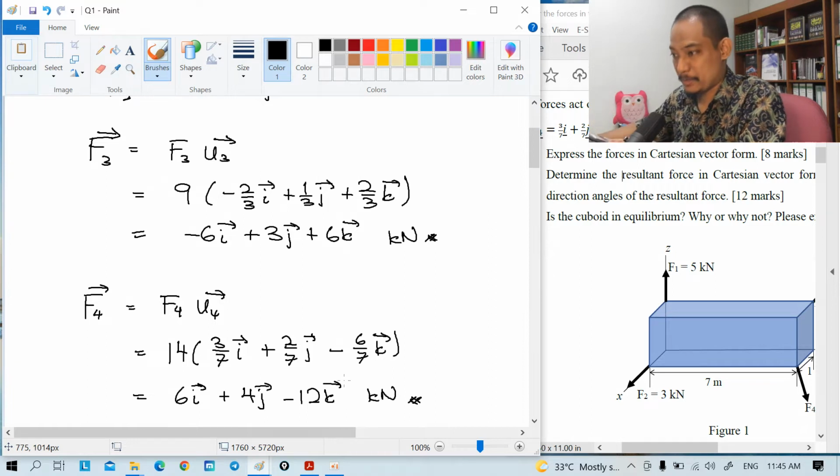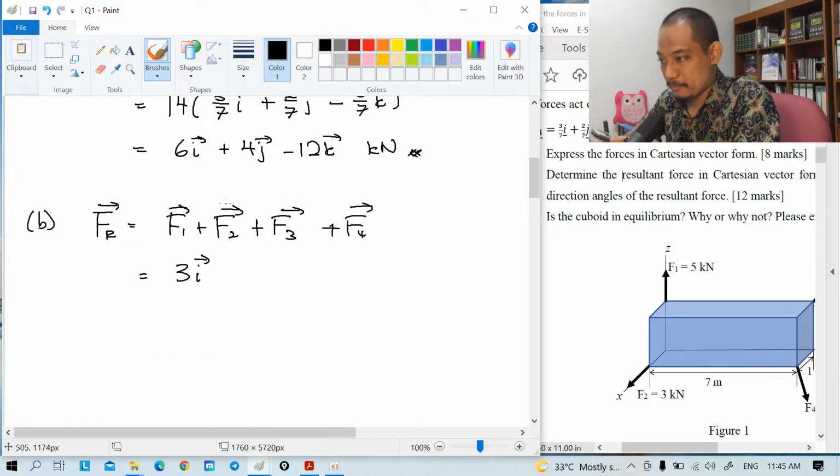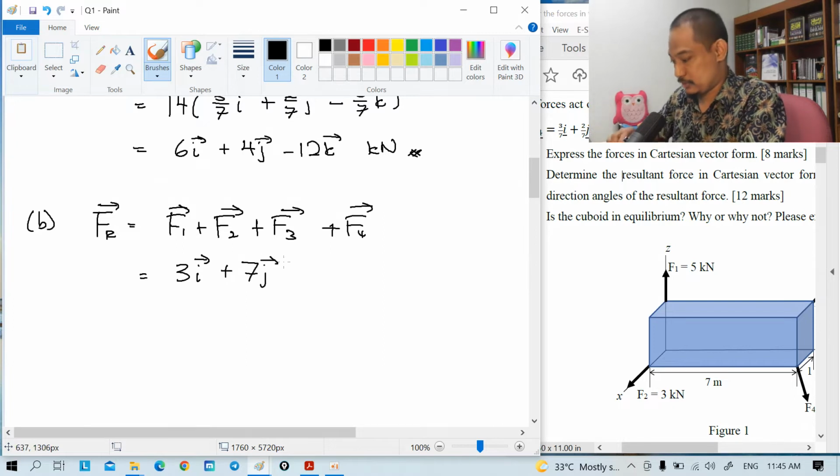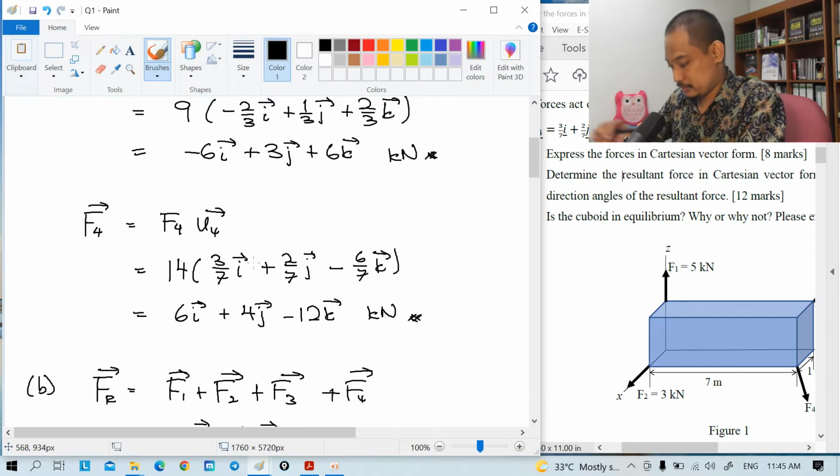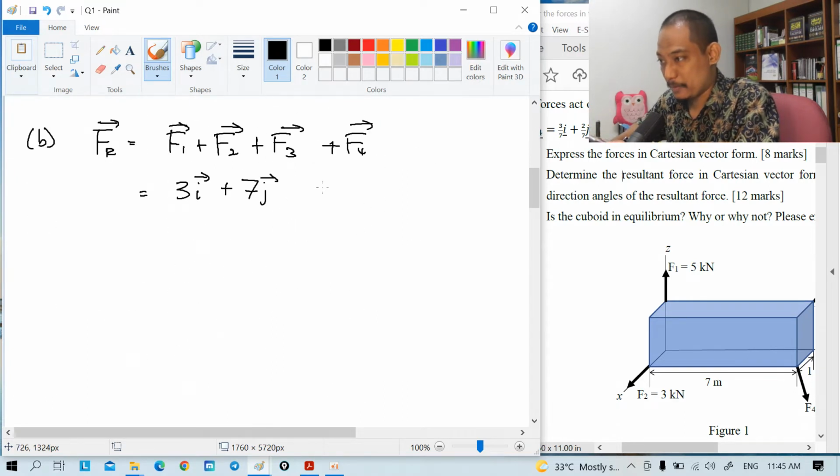It should be 7. So plus 7j, and then for K, 5 plus 0 plus 6 minus 12. So it becomes minus 1k kilonewton. It's kilonewton, right?